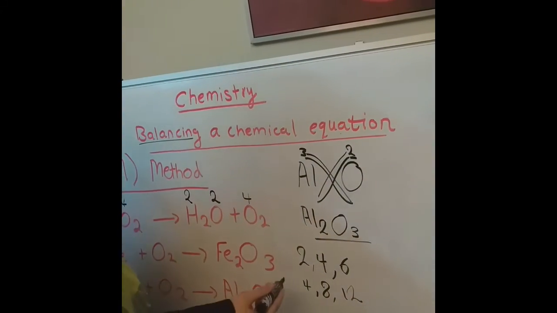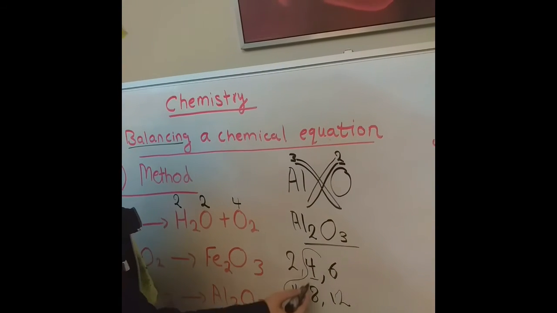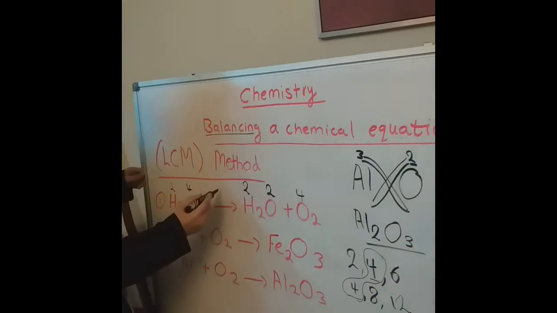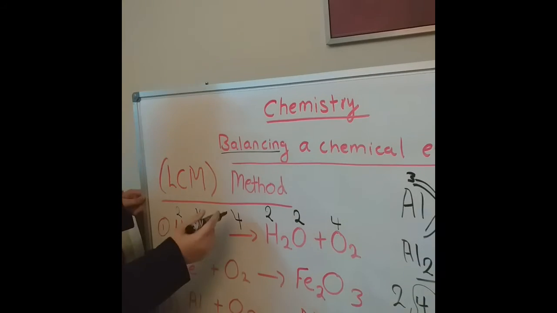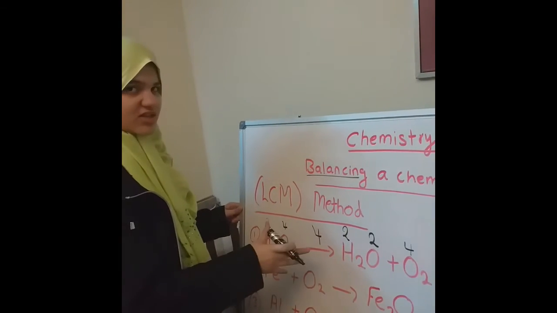After that, we know the common number is 4. That means we will take 4 and use it to divide.